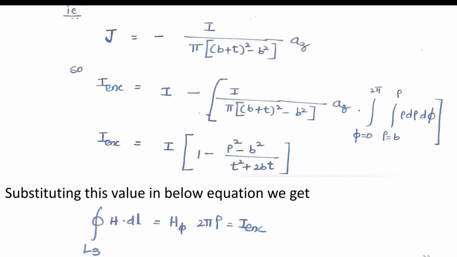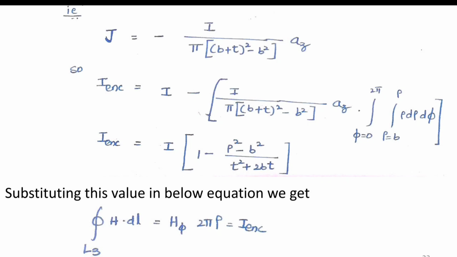So I enclosed is equal to I minus I divided by the area term, and we have to integrate it for φ from 0 to 2π and ρ from B to ρ, with ρ dρ dφ.